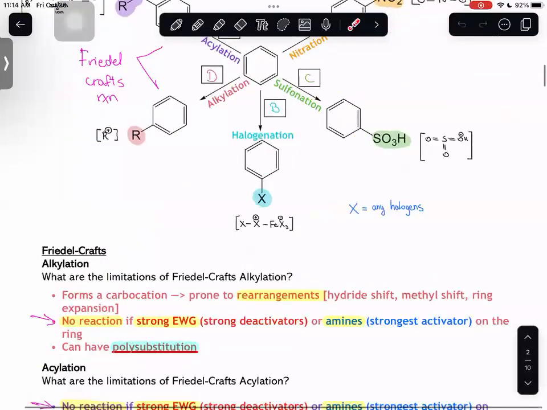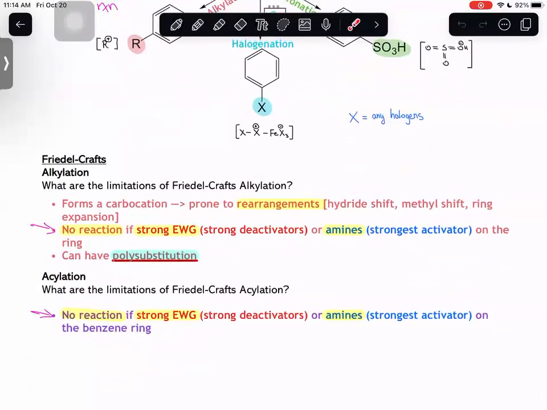And that was the case whenever we had any strong electron withdrawing groups or any amines. Now, we know electron withdrawing and donating groups from chapter 15, right? Do you remember them? Okay, that's good. Now we're not going to be calling them quite like that. Our electron donating groups, now we're going to call them activators. And our electron withdrawing groups, now they're going to be deactivators. Okay, that's going to be the new terminology that we're going to be using.